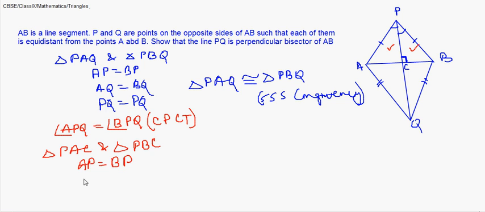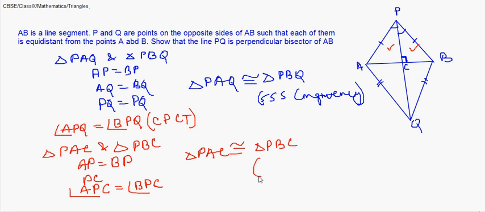PC was common, and the one we derived by CPCT, APQ, which is equivalent to writing APC, equals BPC. So it is by the SAS rule. Now triangle PAC is congruent to triangle PBC by SAS congruency.